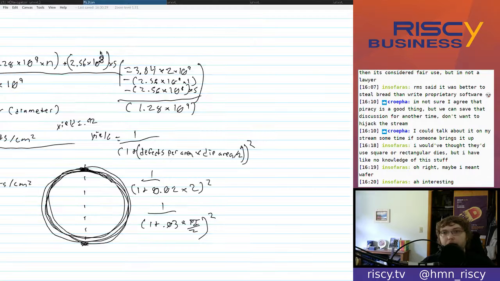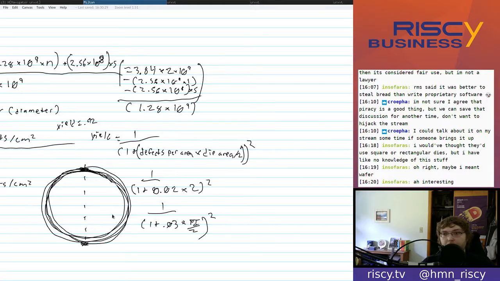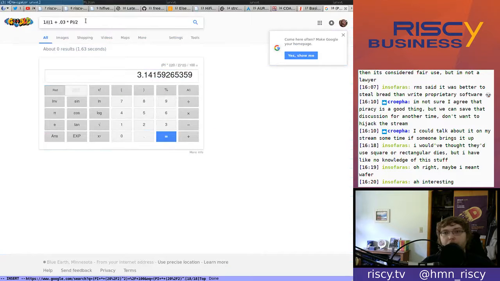Or wait, 1 plus 0.03 times. So that doesn't need parentheses. And then that just needs to be squared.